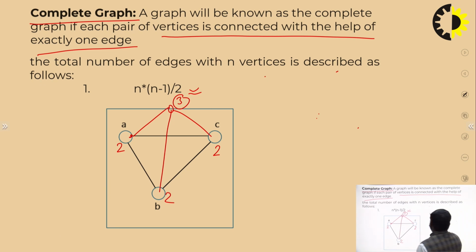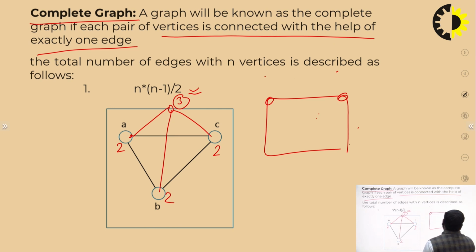For example, this graph is known as the regular graph because the degree of all nodes is the same, that is 2. If the degree of all nodes is the same, then that graph is known as the regular graph.